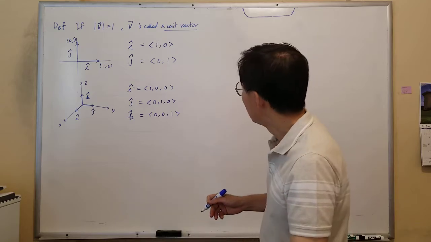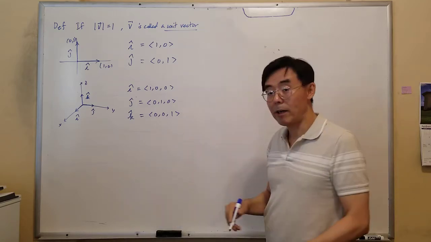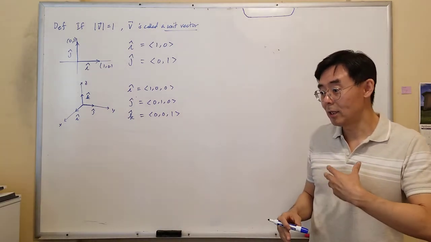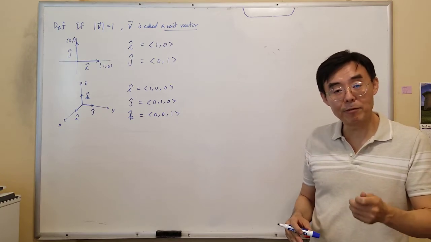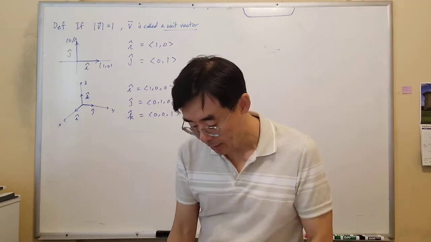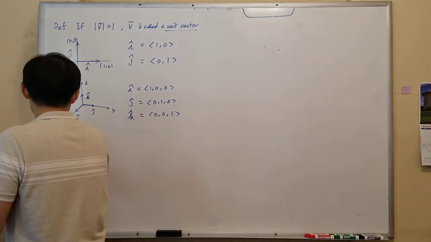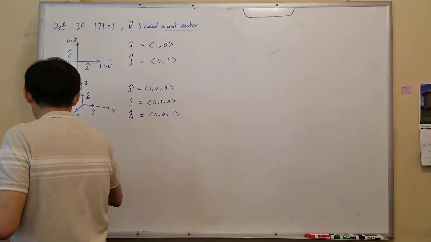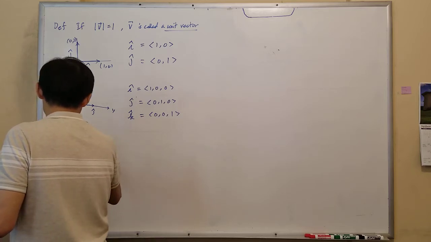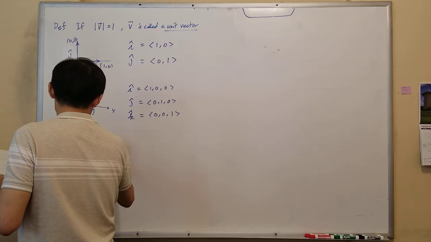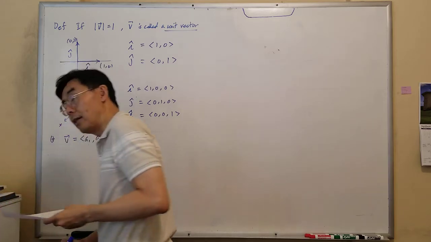Now, these standard unit vectors can be used to write the component form of a vector slightly differently, like this. Let's say your vector V has components A1, A2, A3.